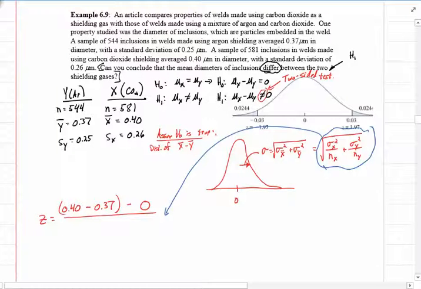So we have sigma x, 0.26 squared over 581, plus sigma y squared over 544. Lots of data points. Square root. We get 1.97.